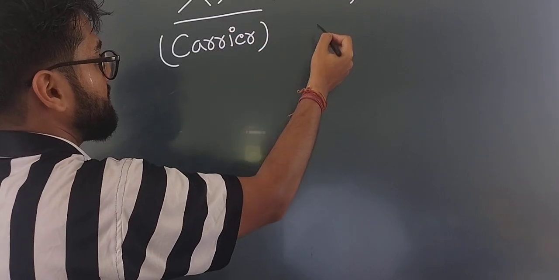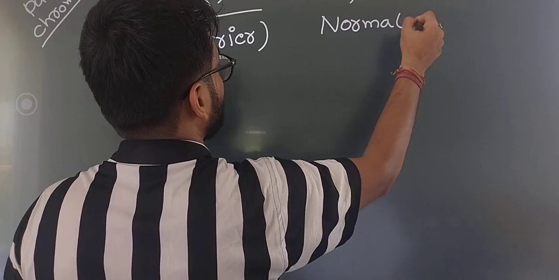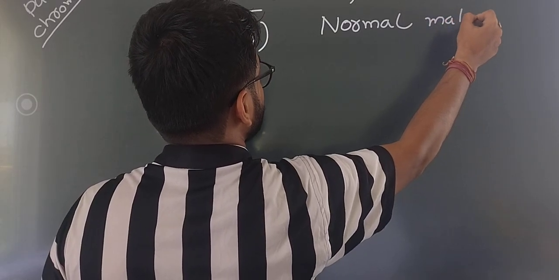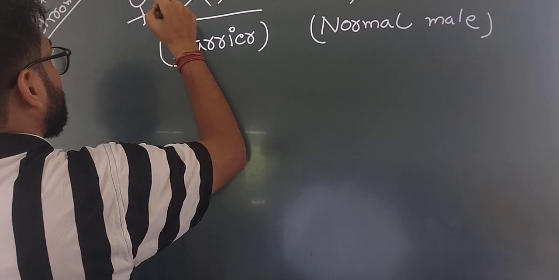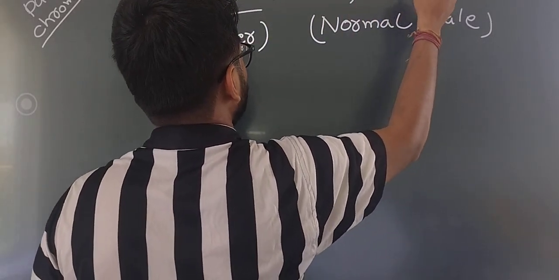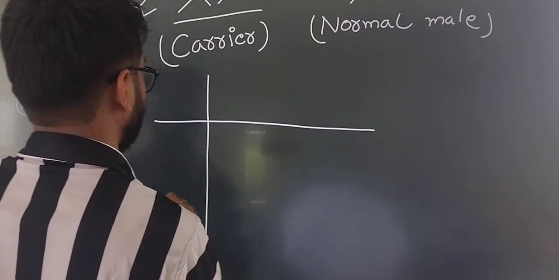What happens when a carrier mates with a normal male? It's a very simple concept. This is a female, this is a male. What happens during this? We will simply show it through a Punnett square.